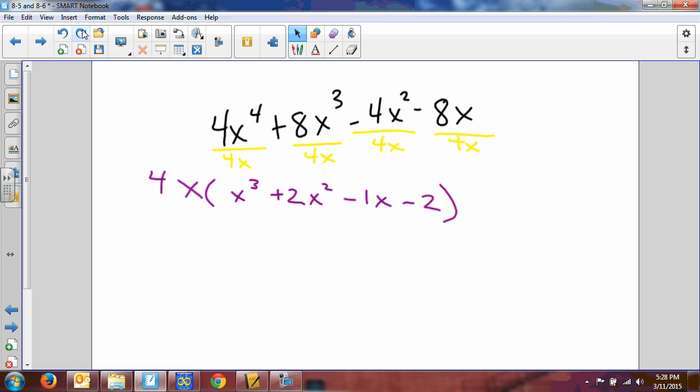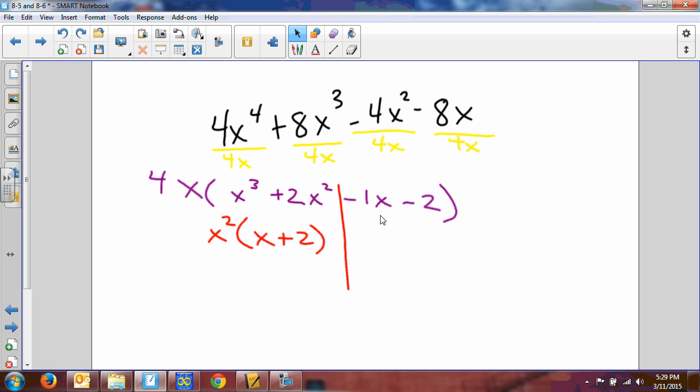Now from here, I've got 4 terms, and I don't have any more in common, but with 4 terms, you should be able to group factor. So if you want to pause this and go back and watch the 8-2 video for the group factoring, you can. But you look at this in front, x cubed and 2x squared, I have x squared in common, so x plus 2 left over.